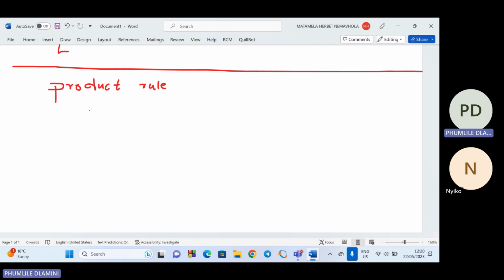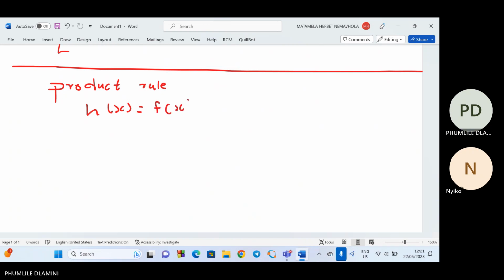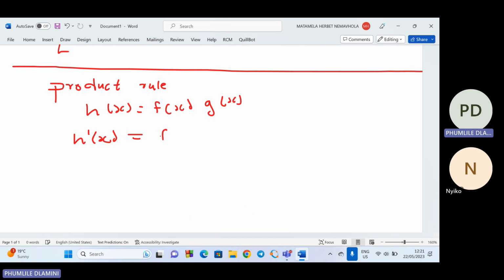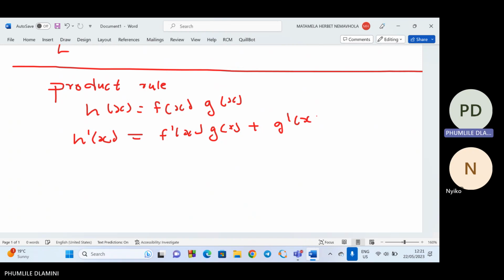It states that if you have a function, let's say h of x, composed of two functions, which we can call f of x and g of x, then to find h prime of x, I first differentiate f to get f prime of x, multiply it with g of x as it is, then plus, I differentiate g to get g prime of x, then multiply it with f of x.